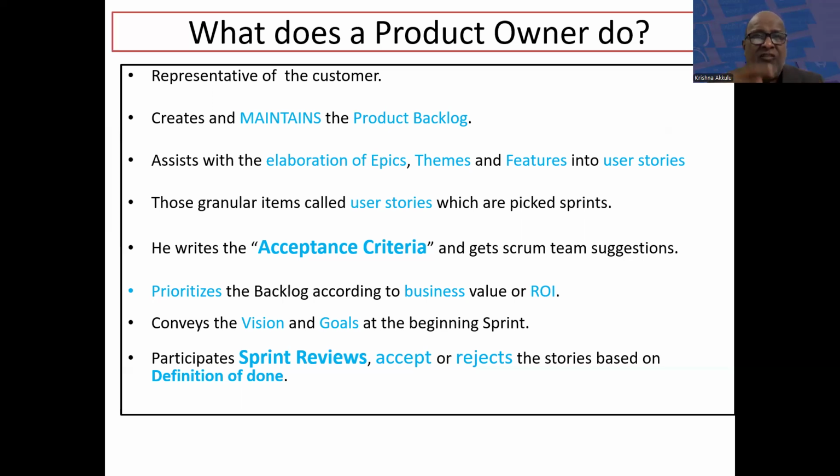Then he shuffles the product backlog, because of ROI, the return on investment that each story brings, and prioritizes accordingly. So the responsibility of prioritizing the stories in the product backlog lies with the product owner, right? So he conveys the vision and goals of a project at the beginning of the sprint.